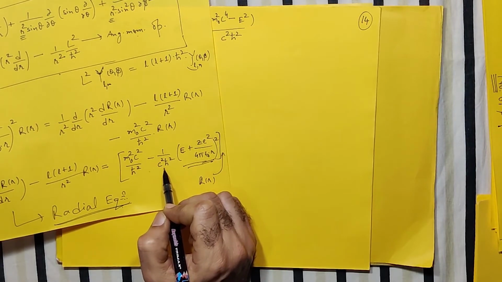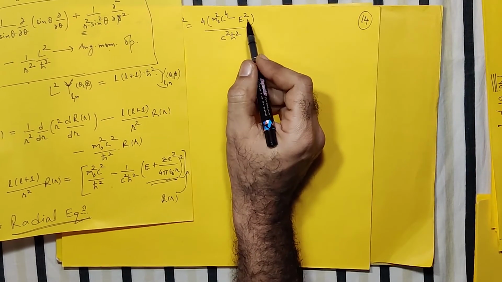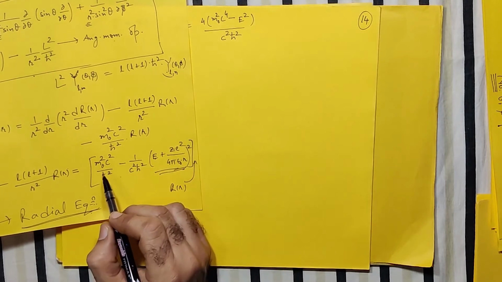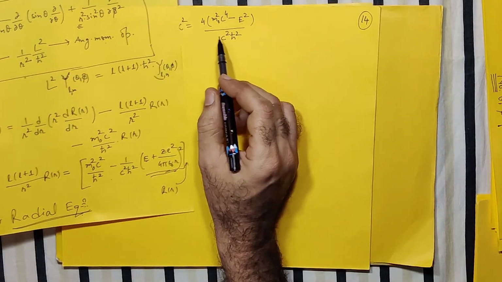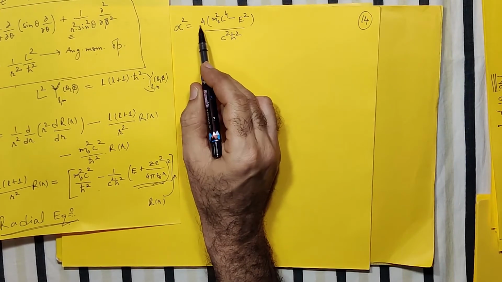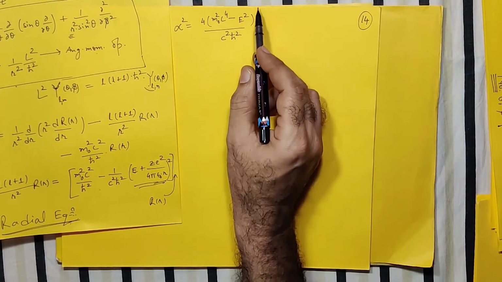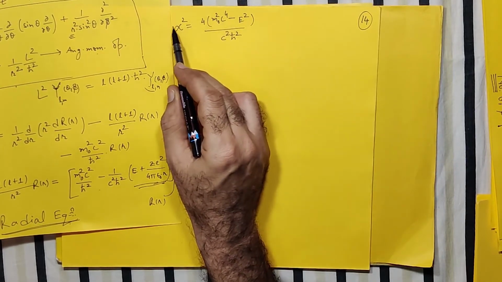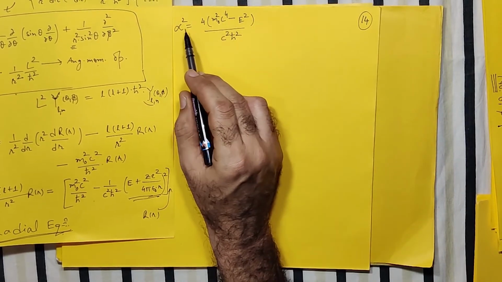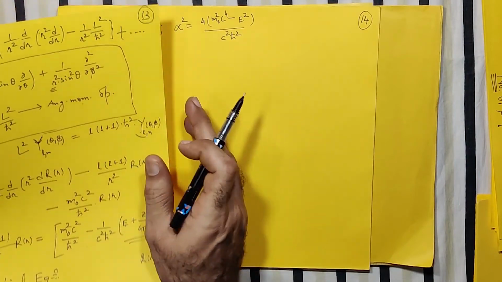There is a 1 by c square h cut square. So basically this e square by c h cut square is like that, correct? So m0 square c raised to 4 minus this term I am taking as alpha square. In fact, alpha will have a factor of 2 and the square root of this, which we will see later on. So if I take alpha square like this, the dimension of alpha will be meter inverse.